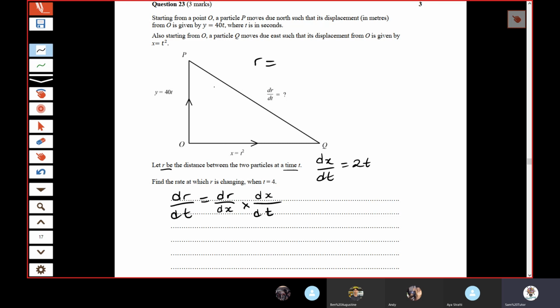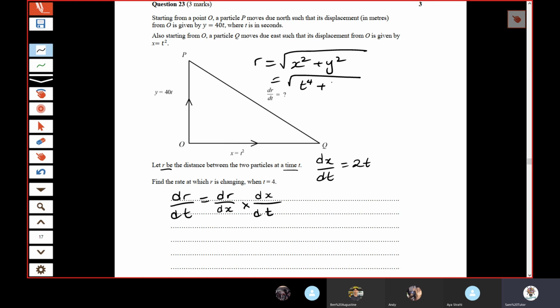So you could do it as x squared plus y squared. I just realized you could just do it like this, which would probably save you a bit of time, and you probably wouldn't need this splitting up. That doesn't matter. Square root x squared, so that becomes t to the power of 4 plus y squared.